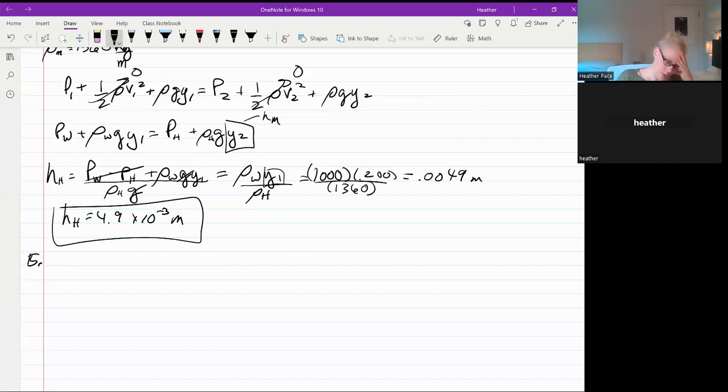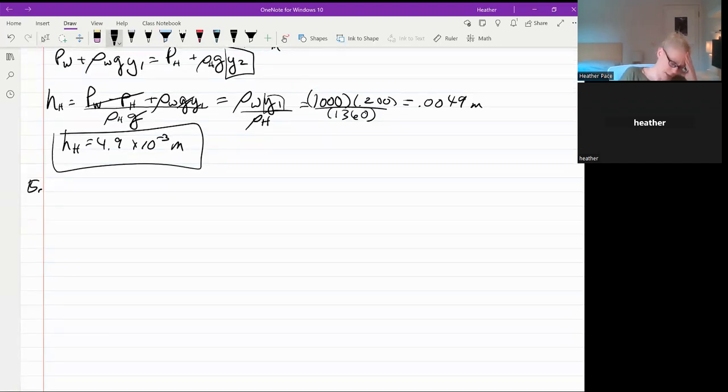Okay, so let's draw this really quick. What they have here looks like this. And they have a label P and P not.